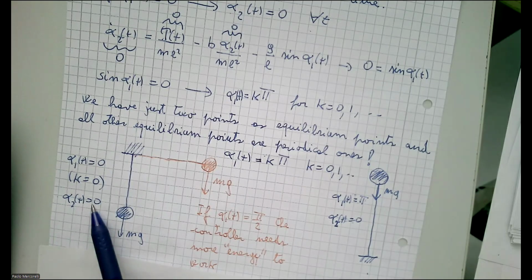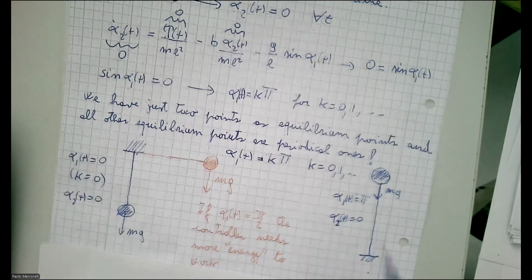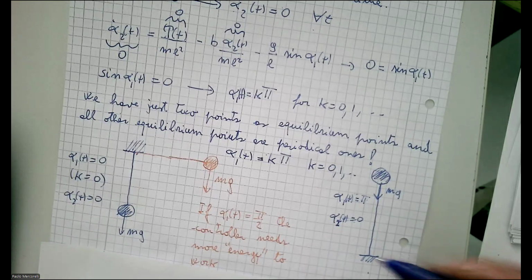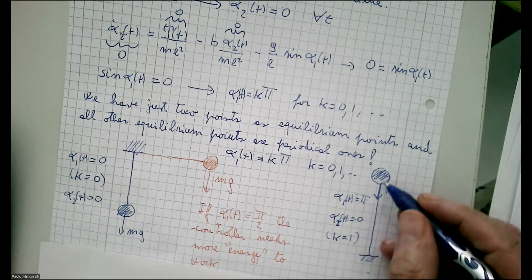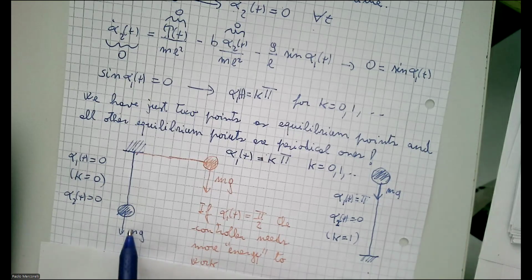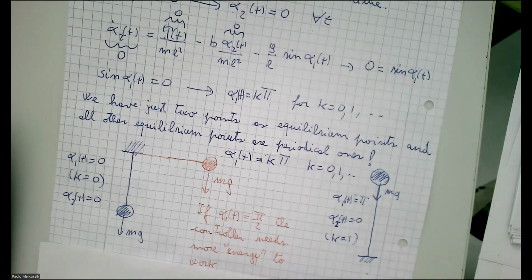Velocity must be necessarily 0 for each time. And this position here means k equals 1, even though I didn't write it. Let me write it, if you want. Let me say the lowest position, roughly speaking, and the highest position, roughly speaking. Two equilibrium points.